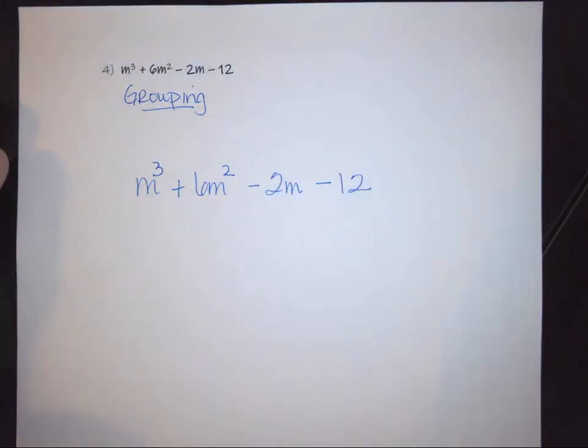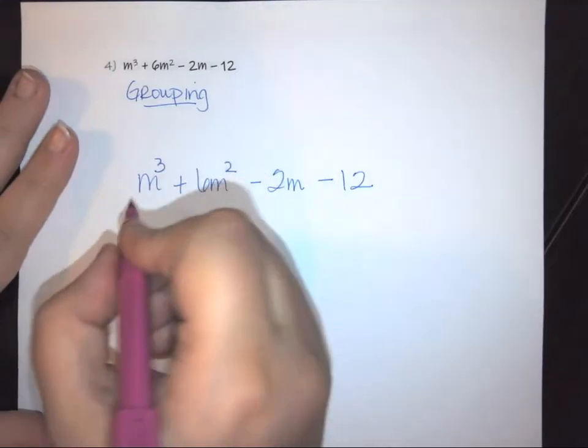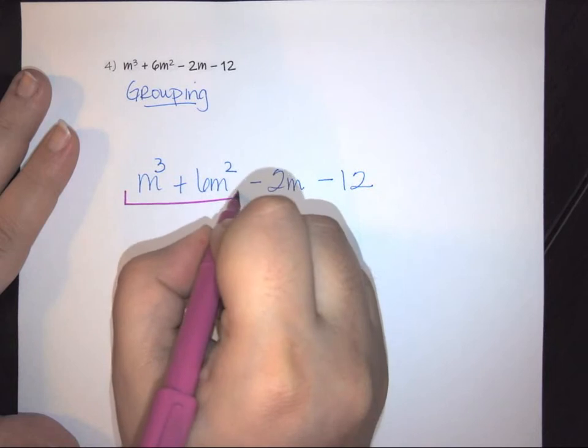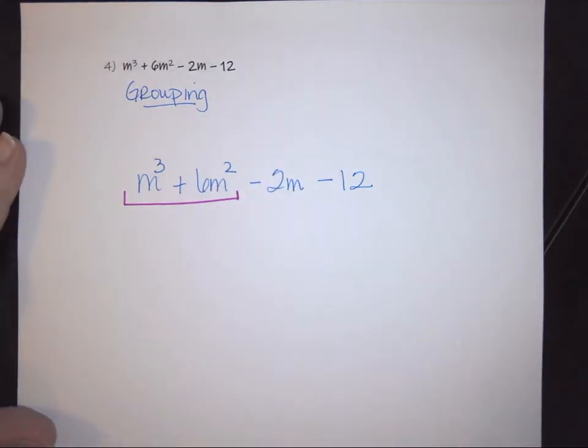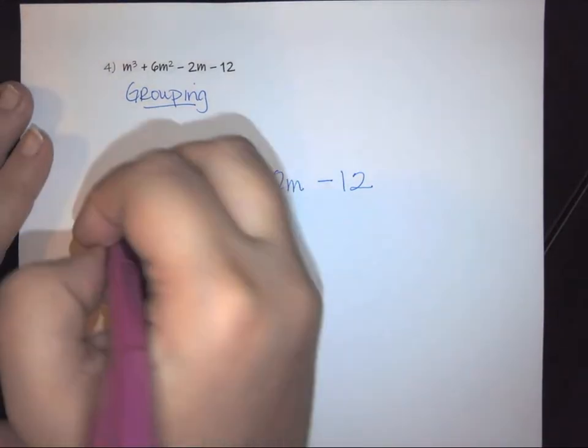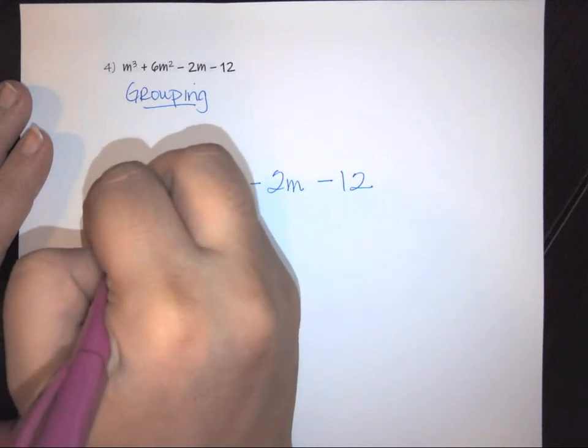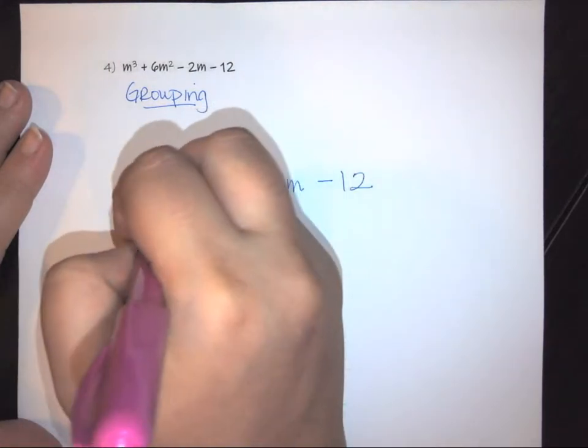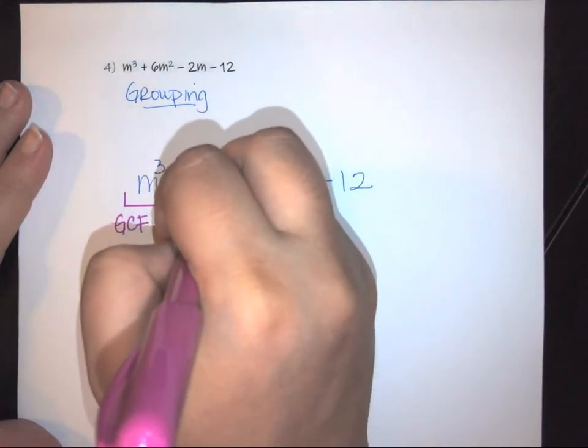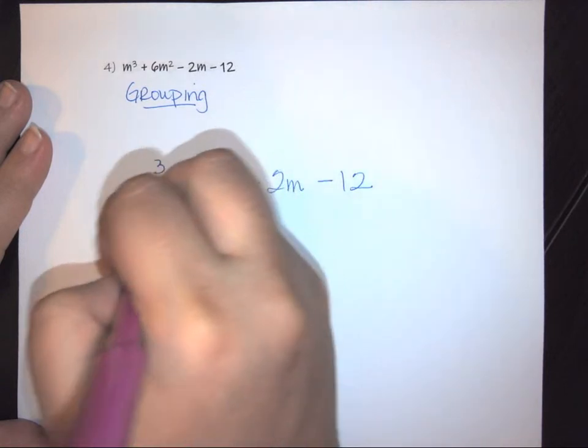So I want to group together my first 2 terms. I'm going to look purely at the first 2 and nothing else. And what I want to do is find the greatest common factor of these terms.